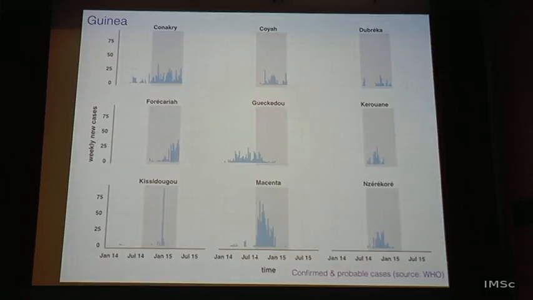When you look at the data on all these districts, you find that the dynamics are sometimes very different. For instance, this is all the districts of Guinea.